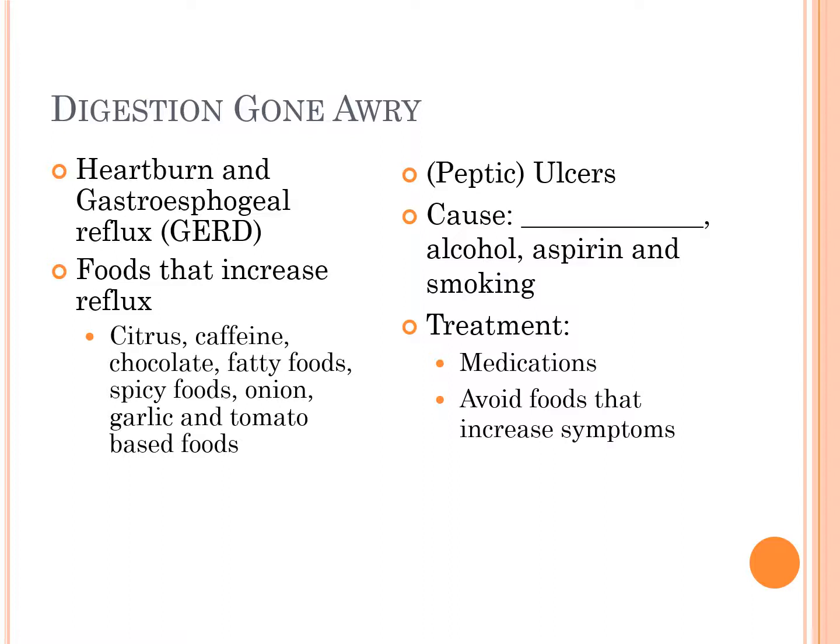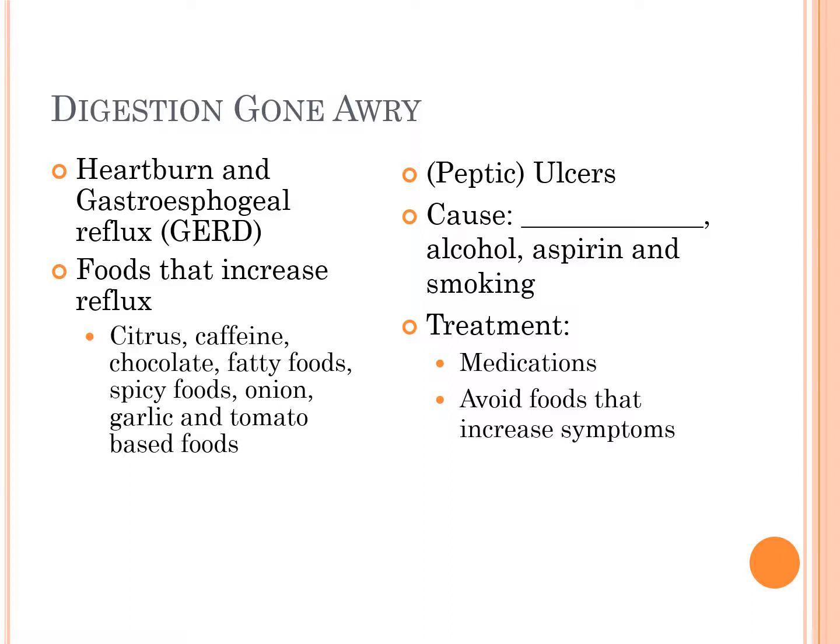We then have a peptic or a gastric ulcer. We know now that the primary cause of this is actually a bacterial infection. It's called Helicobacter pylori. Yeah, look that one up.